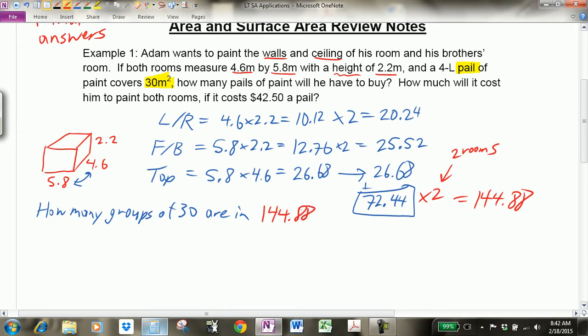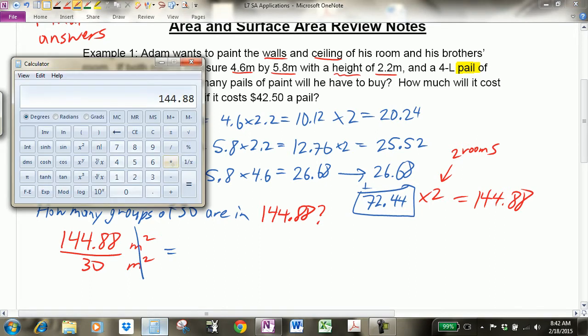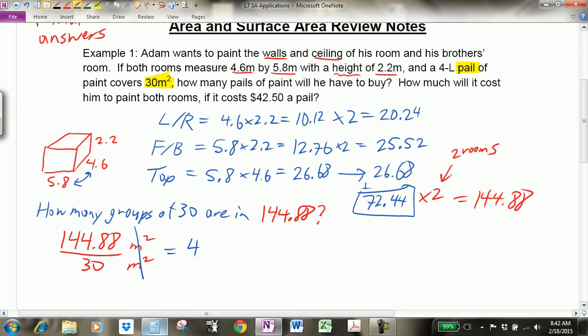Okay. So it's important that the surface area is doubled. Then you're seeing how many groups there are. Don't find out how many groups and then double that. That would be incorrect. Okay. Again, your meters squared should cancel. And we get 4.8.